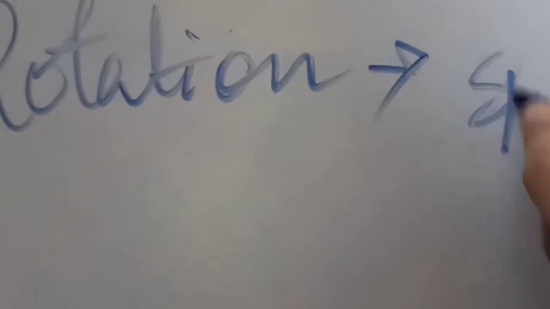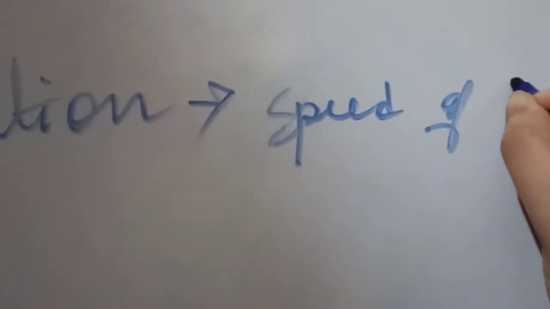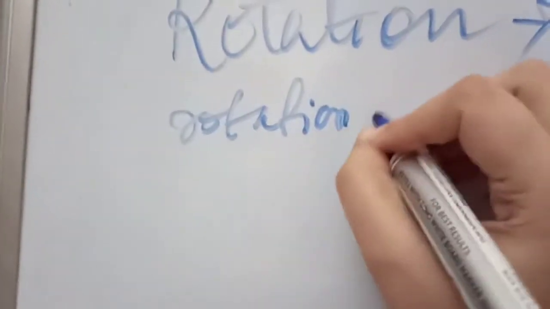So how is rotation responsible for the variation of the atmospheric pressure? The speed of the rotation is higher at the equator.